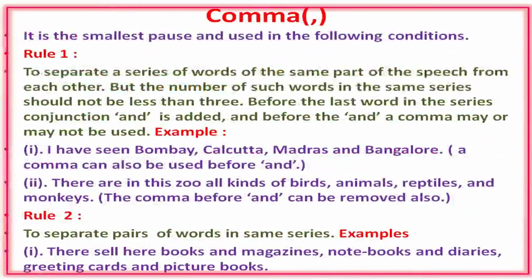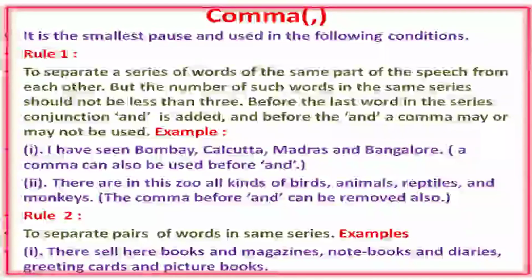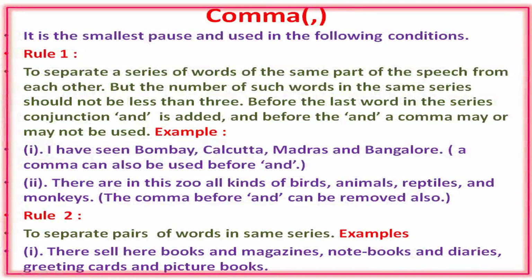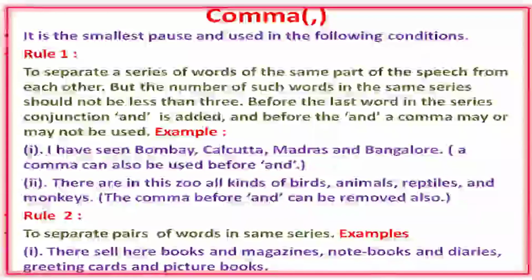Second one, comma. It is the smallest pause and is used in the following conditions. Rule number 1: To separate a series of words of the same part of speech from each other. But the number of such words in the series should not be less than 3.